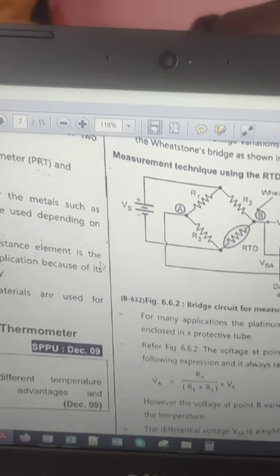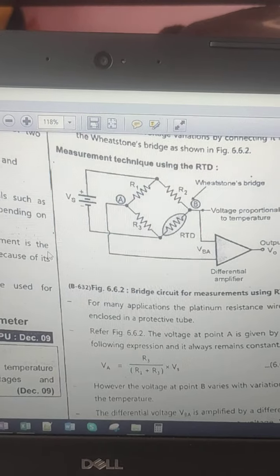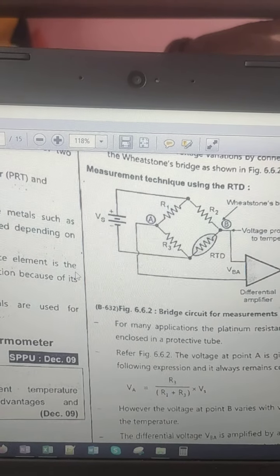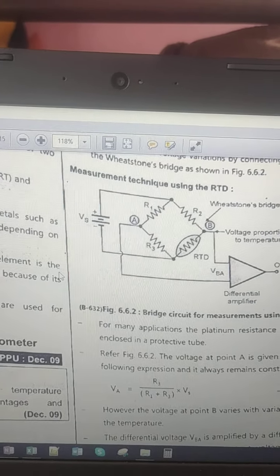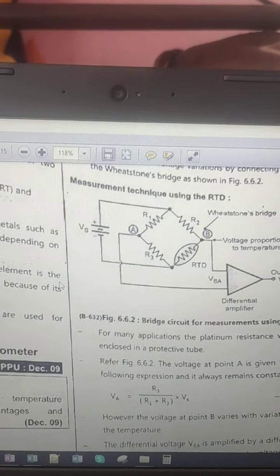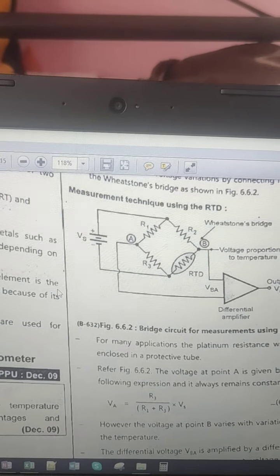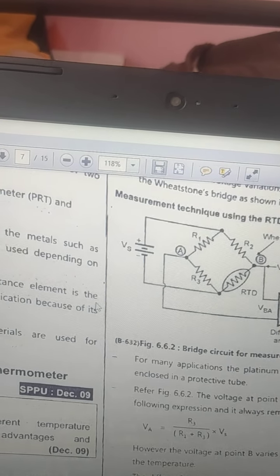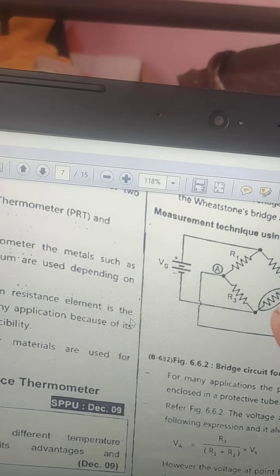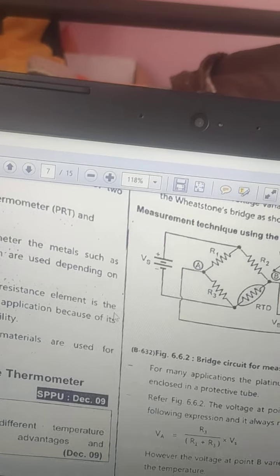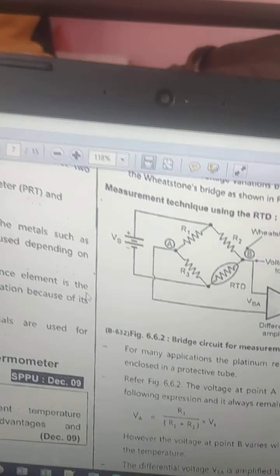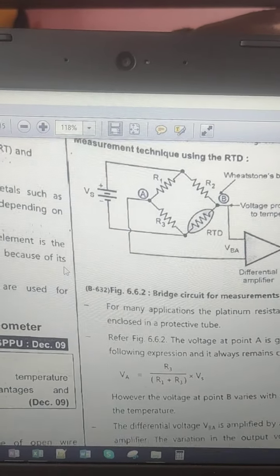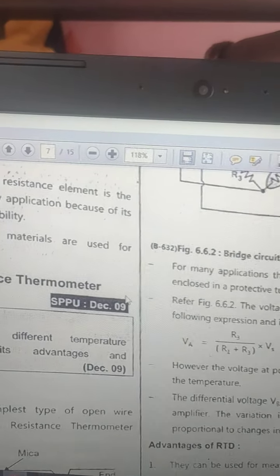We find voltage VA by using the voltage divider rule, and the varied voltage at point B is applied to the amplifier, so the change in that voltage represents the change in temperature.